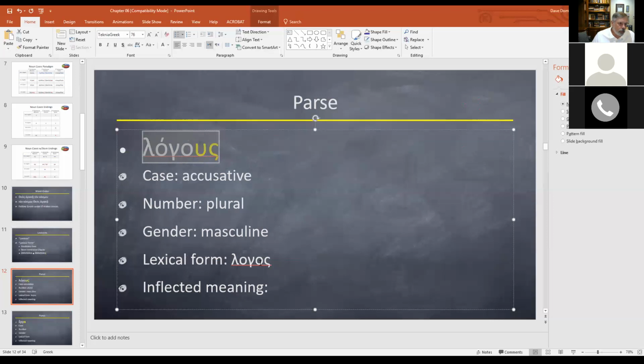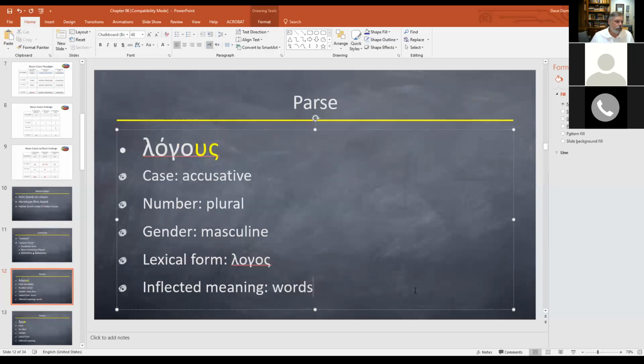Here, the inflected meaning cannot be "word" because that is singular. It's "words," plural. It's in the accusative case, meaning it functions as a direct object. It's plural. It's masculine, from the lexical form of logos, and its inflected meaning, there's my inflection, I changed my case ending, is "words," plural. And that's how you break it down into its parts.